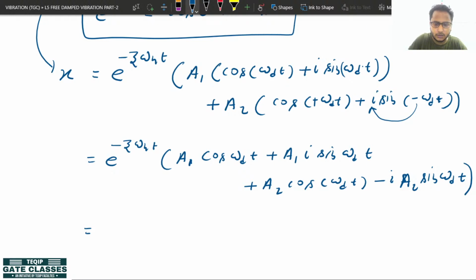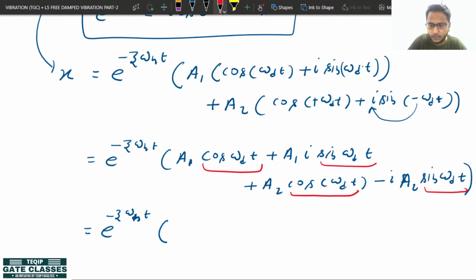Now we can take common. What are the commons? We can take cos omega d into t as a common. This is omega n, right? If we take these terms as a common, cos omega d t, cos omega d t, and here sin omega d t and sin omega d t from the second and fourth. So first and third will be common, and second and fourth we can take common.